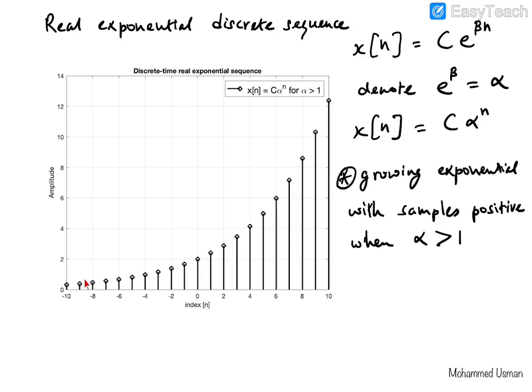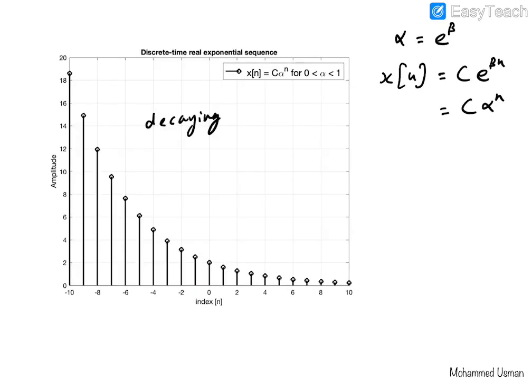We have a growing sequence wherein all the sample values are positive. Next we saw when alpha is between 0 and 1, then we have a decaying sequence, but all the sample values are still positive. Now we will see what happens when the alpha value is negative and it lies between -1 and 0, as well as when it becomes negative beyond -1, that is less than -1.